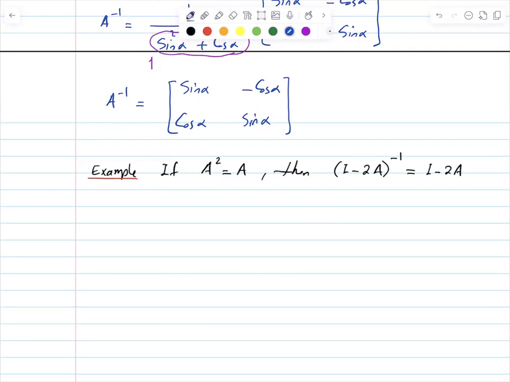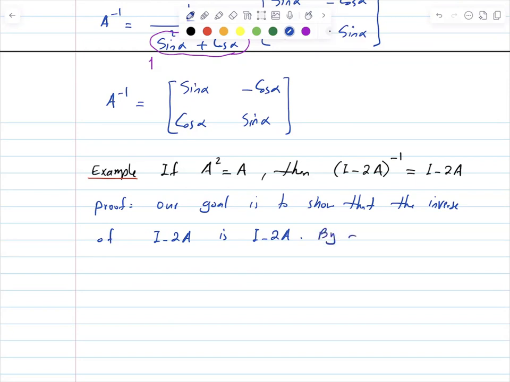Remember that our goal in the proof is to show that the inverse of I minus 2A is I minus 2A. So it means that if I multiply these together, the outcome must be equal to the identity matrix.